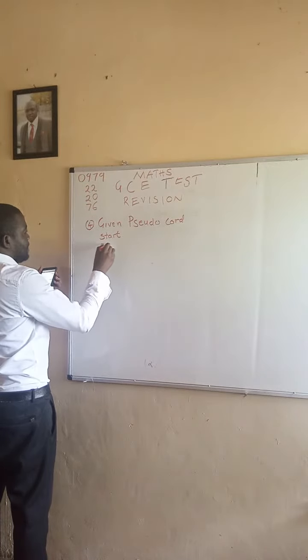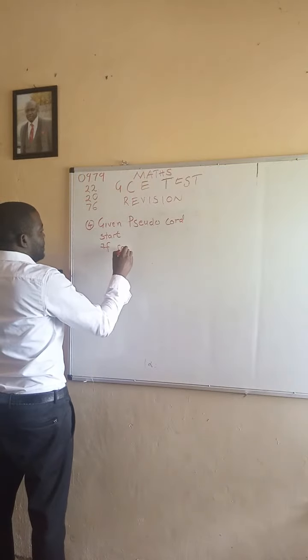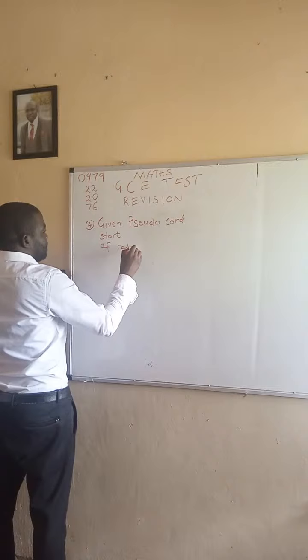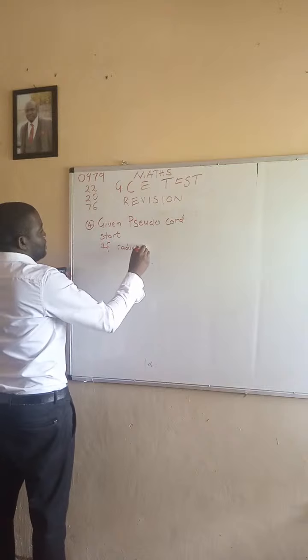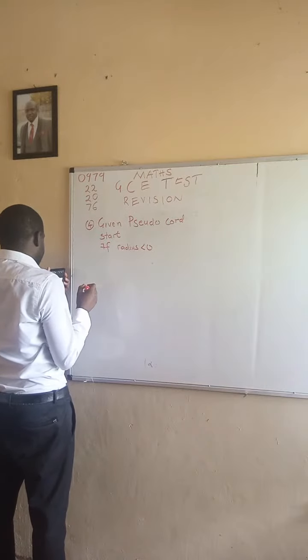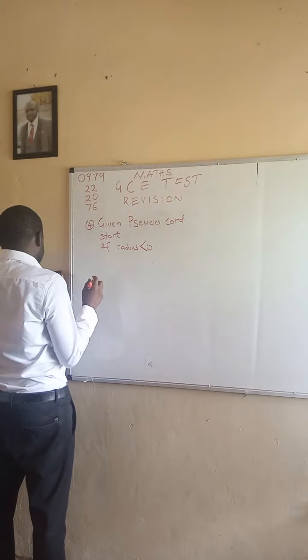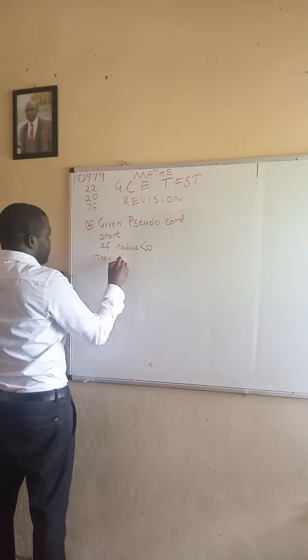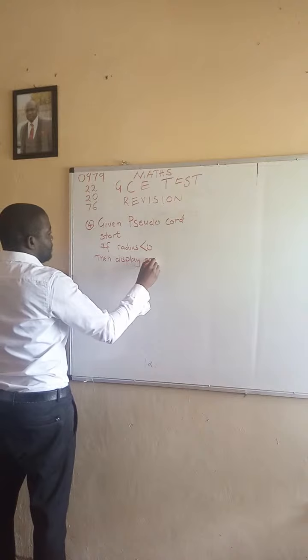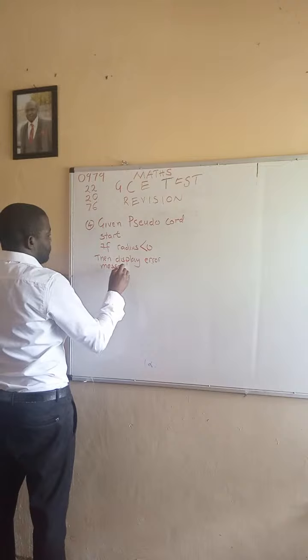And then here it is: if radius, this is a question, if radius is less than 0, okay, if radius is less than 0, then display error message. Okay?